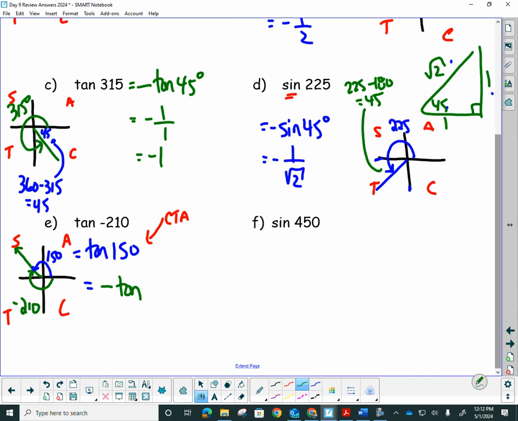If I went 210 degrees from here all the way to there, I went more than 180. So 210 minus 180 is 30. So this must be a 30. Or, since I did write the coterminal angle of 150, I could say it's 150 from here to here. I need 30 more to get to 180.